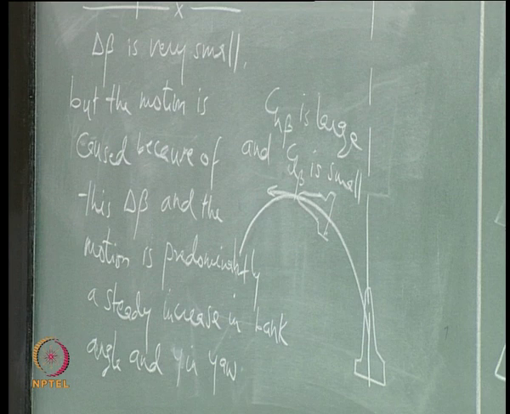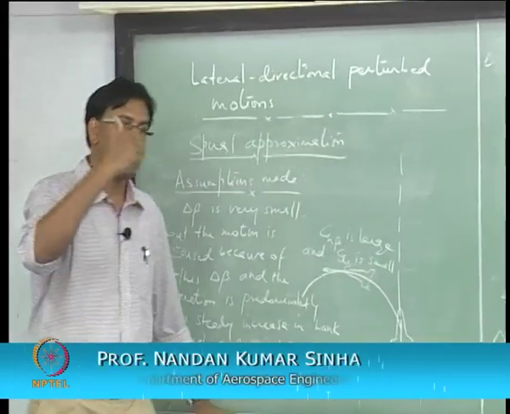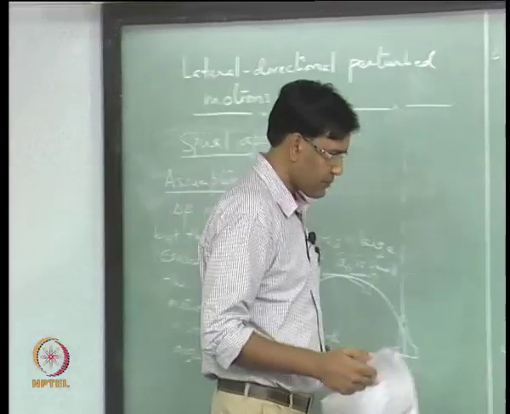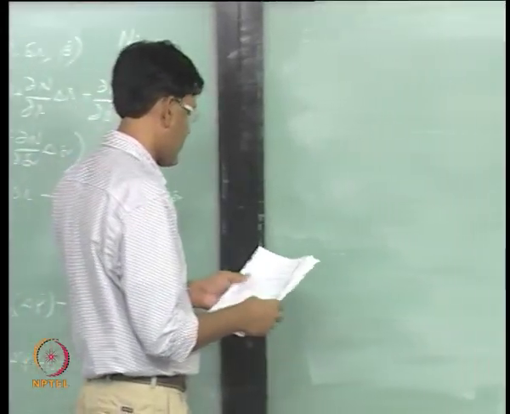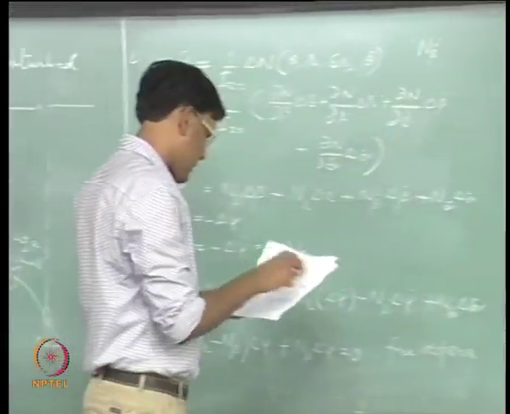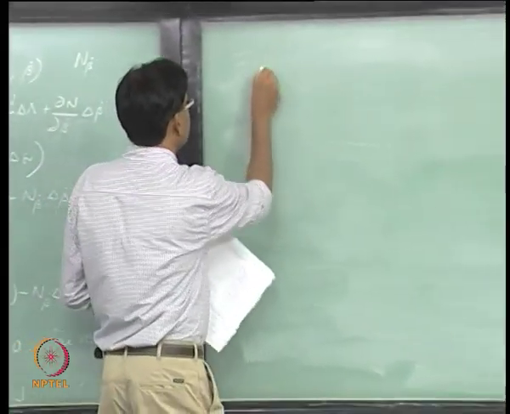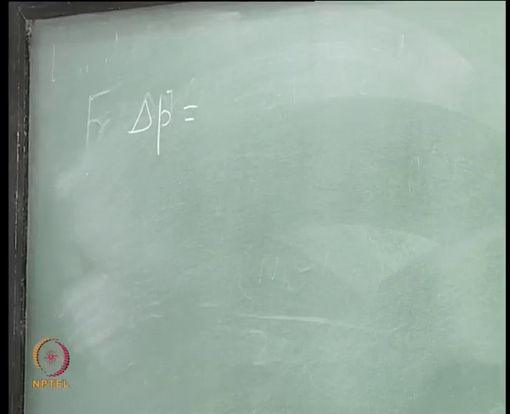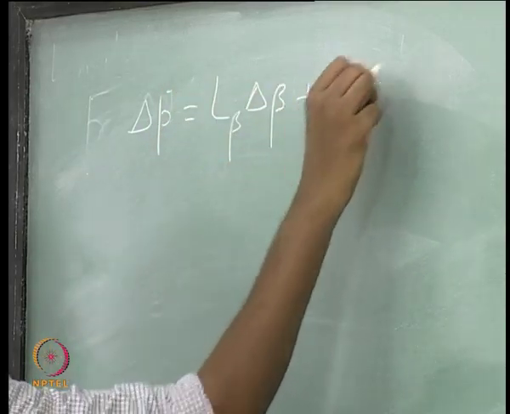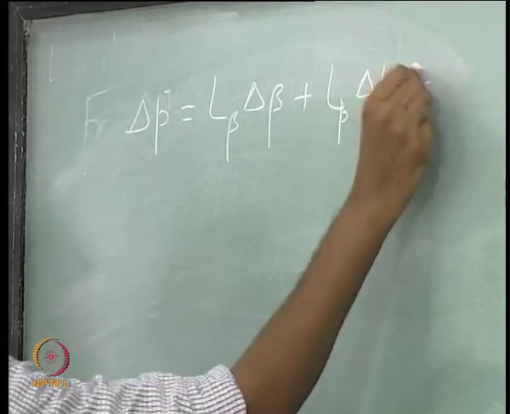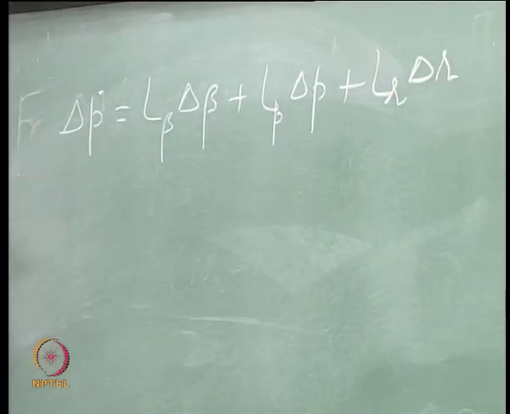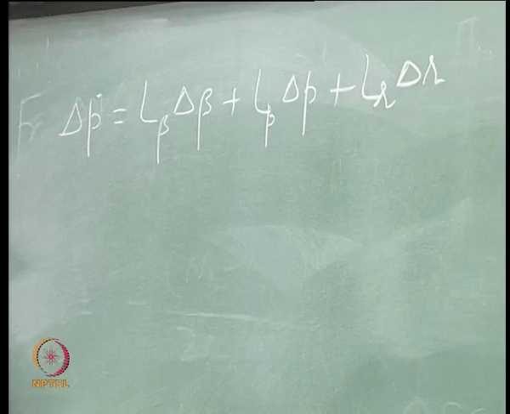So, there is no side force as such generated. So, I can drop the delta beta term, the first term which is about the force equation in the sideways direction. Okay. So, once you do that, what you are left with is this delta p dot and there is steady increase in the bank angle.